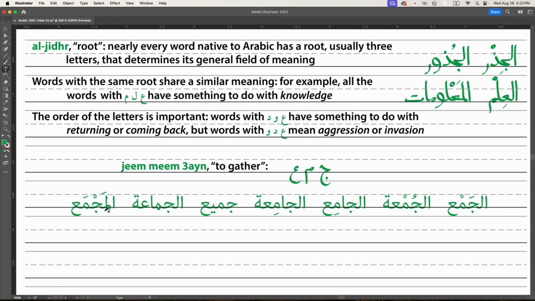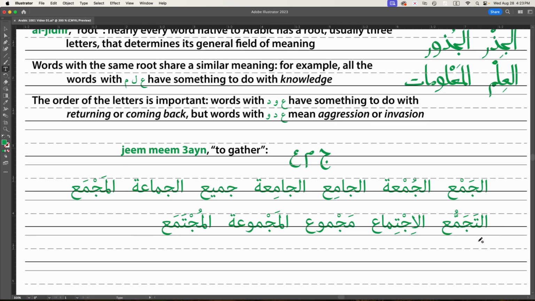And in Arabic, it's considered really stylish and poetic to use multiple words from the same root in a way that sounds weird in English. So you kind of have to get used to that. So a majma' is like an assembly like you might have in high school, or a convention of people. There's more, and this is only like half the total words for this particular root.